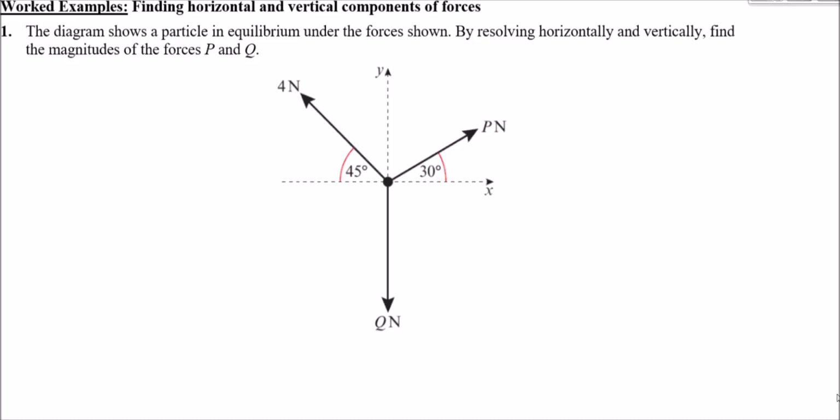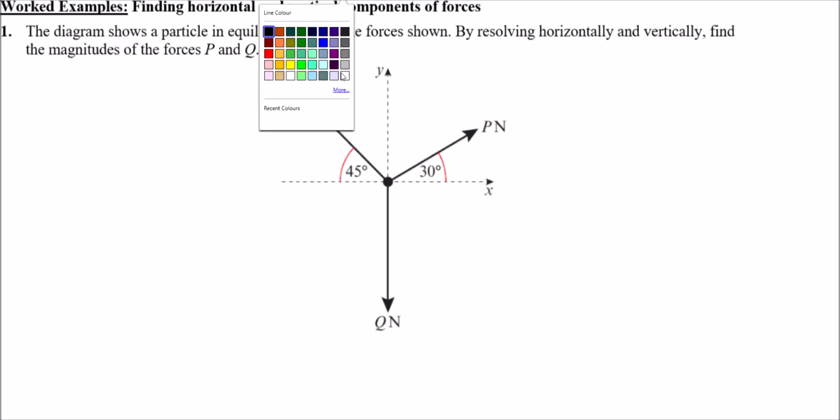Let's now have a look straight at some static particles in equilibrium. So worked example 1, we've got 3 different forces, as you can see, acting on this particle. So we need to resolve horizontally and vertically, we're told, find the magnitudes of the forces P and Q. So what we need to recall from previous sessions is how to resolve vertically and horizontally.